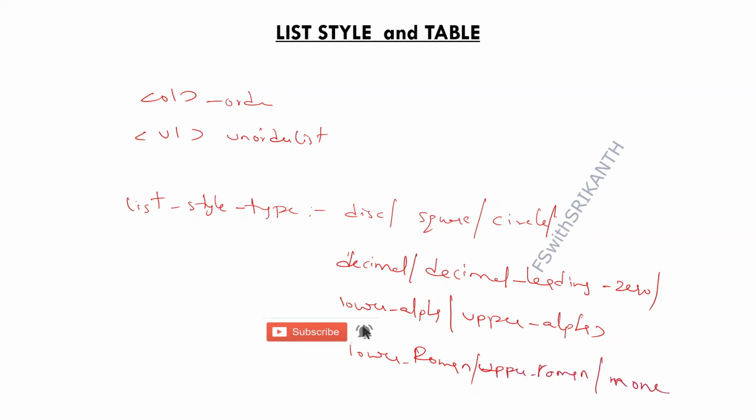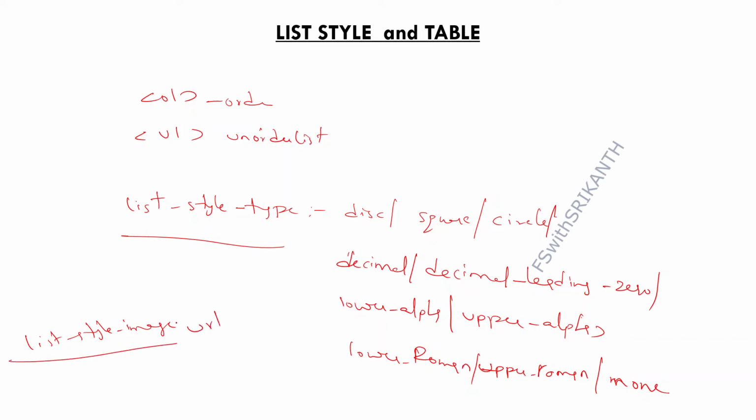None is the default one. And we can apply list style as an image also with the help of list-style-image. With the help of URL we may apply it, so URL, right?